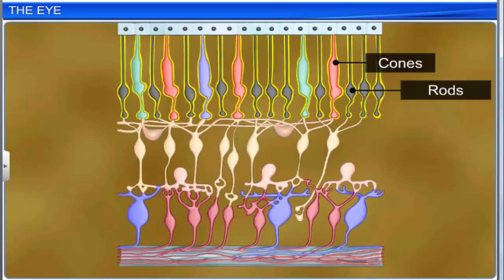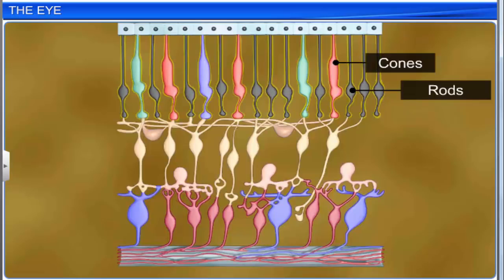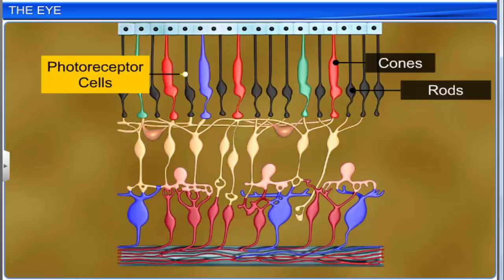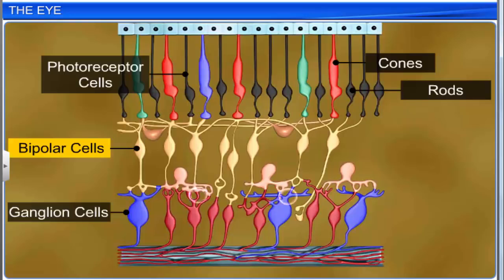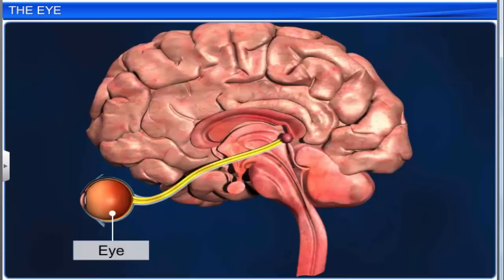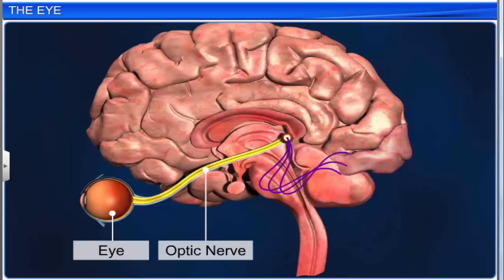The structural change in opsin changes membrane permeability, which in turn results in potential differences in the photoreceptor cells. This results in the generation of action potential in the ganglion cells through the bipolar cells. The action potential or impulses are transmitted to the visual area of the cerebrum by the optic nerve.